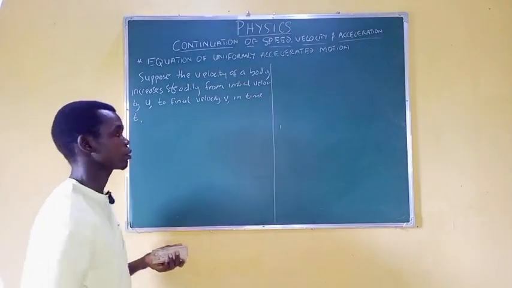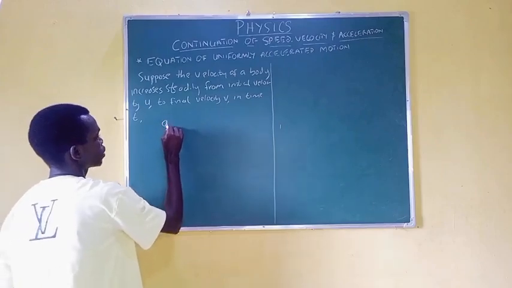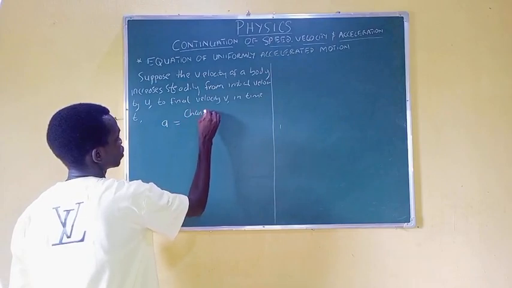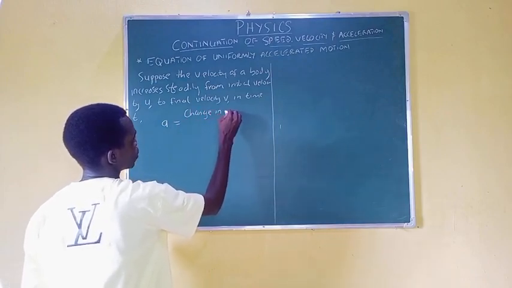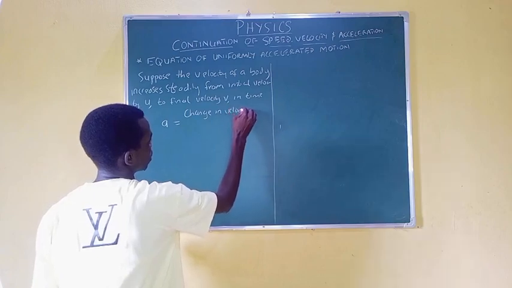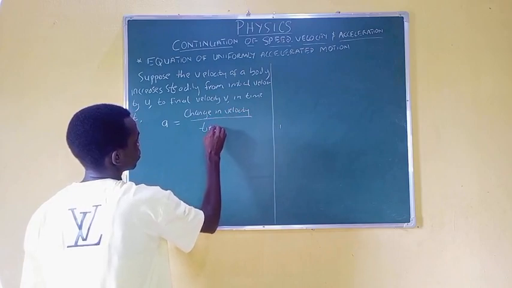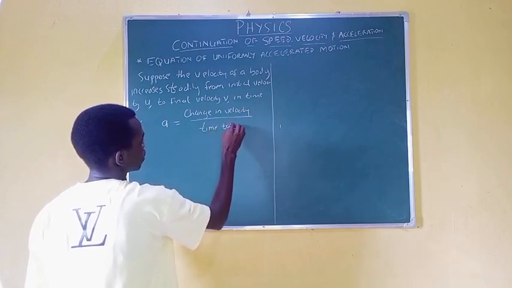The uniform acceleration will be given as a is equal to change in velocity over time taken.